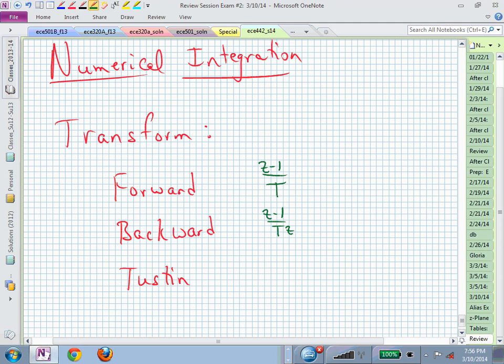For the Tustin, you have a z minus 1 over T, but now the Tustin is sort of an average of the two above. z plus 1 over 2, that's sort of the average of the difference, but that 2 can go upstairs. And so you can kind of see how these three are not too far from each other as far as numerical integration approaches.